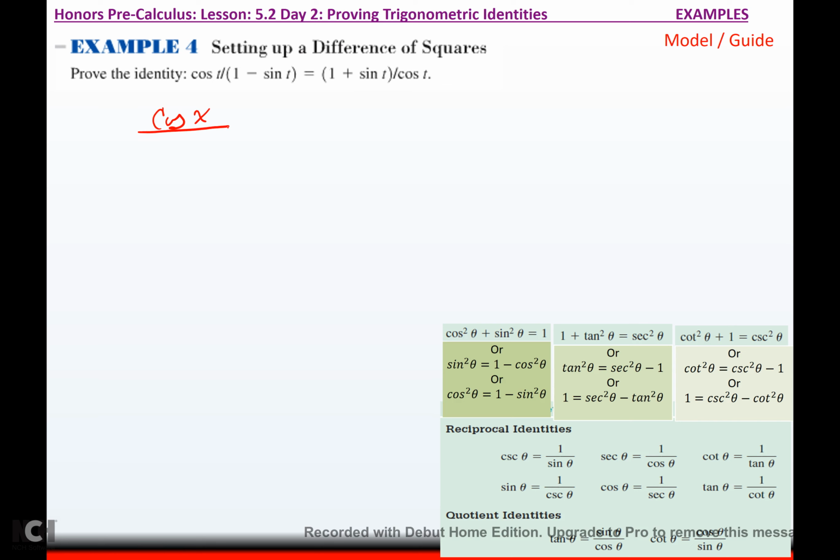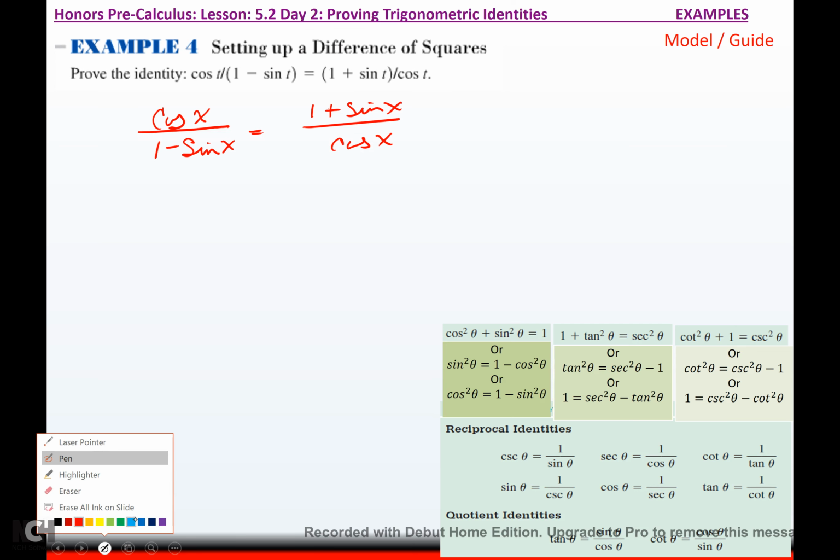All right, so we want to prove the identity cosine x over 1 minus sine x equals 1 plus sine x over cosine x. So what I'm going to do is take this side and create a difference of squares on the bottom.